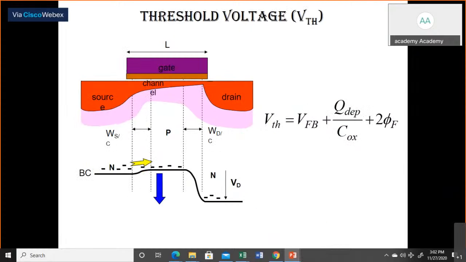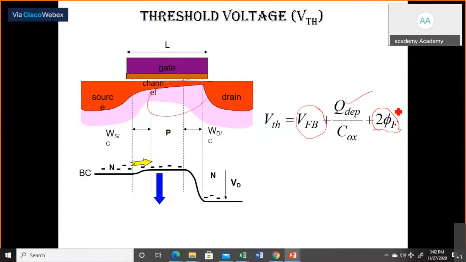If we talk about the threshold voltage, it depends on three factors. How can the threshold voltage of a MOSFET be decided? It depends on the flat band voltage, on the Q depletion, because there is a depletion region present here, which forms the Q depletion, on the oxide capacitance, and on the inversion.